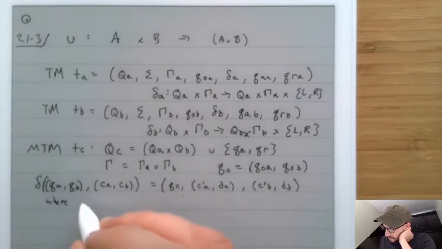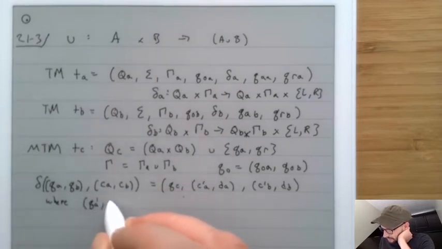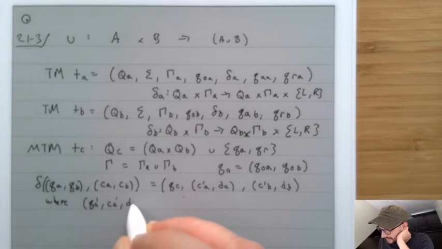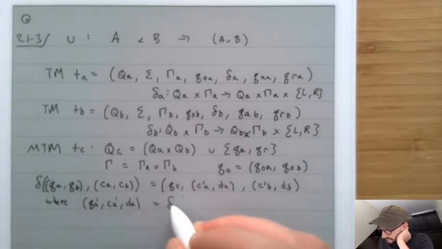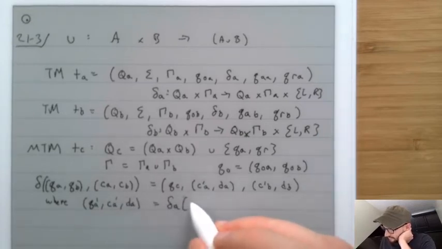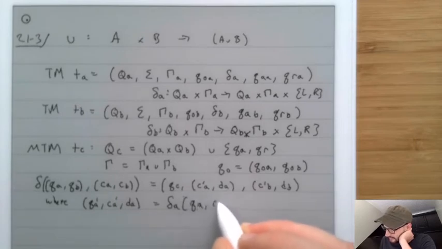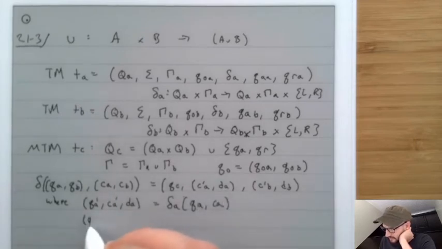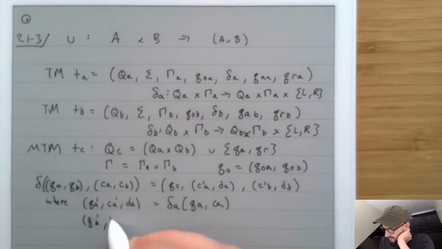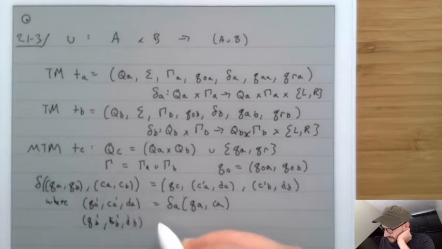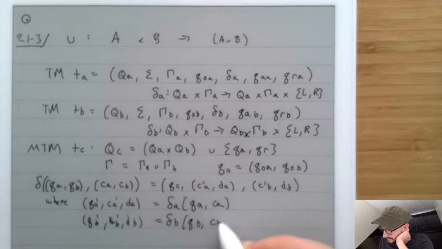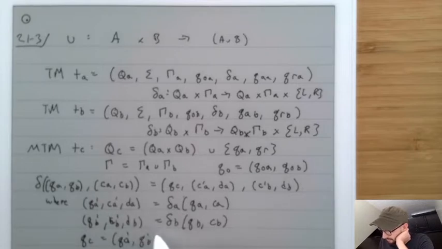Okay, where QA prime, CA prime, and DA are going to be equal to delta A of QA, CA, and then QB prime, CB prime, and DB are going to be equal to delta B of QB, CB, and then QC, the new state, is just going to be QA prime and QB prime.